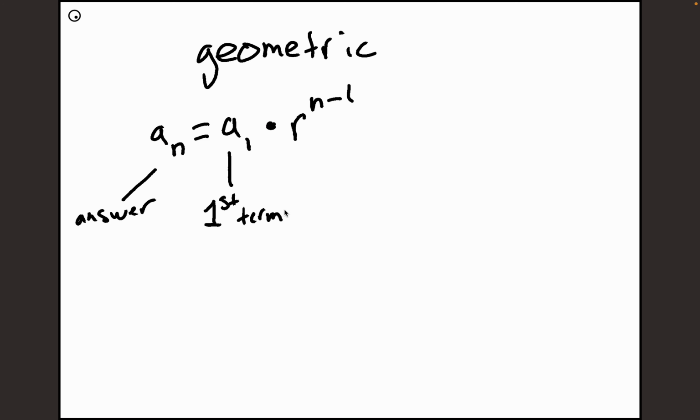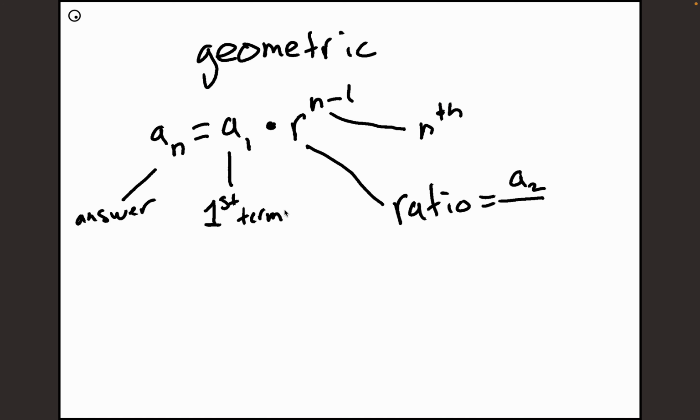N is still going to stand for the nth amount. And this time r stands for ratio. So for our ratio, that is going to equal a2 divided by a1. That's the equation that we are going to follow.